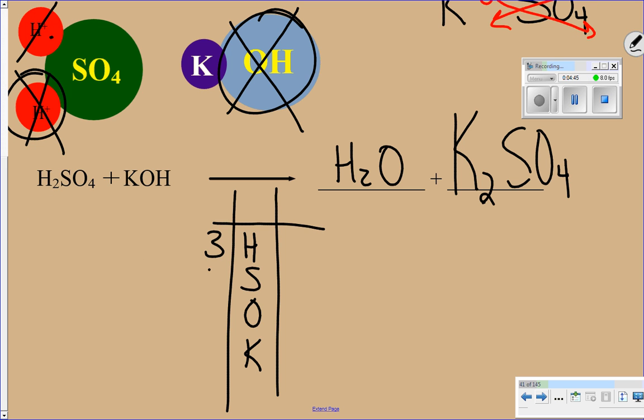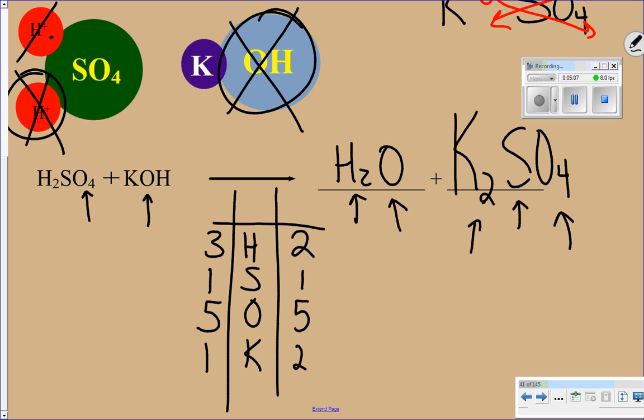I have 1 sulfur, and I have 4 plus 1 gives me 5 oxygens, and I have 1 potassium. On the other side, I have 2 hydrogens here, 1 sulfur here, 5 oxygens and 2 potassiums.